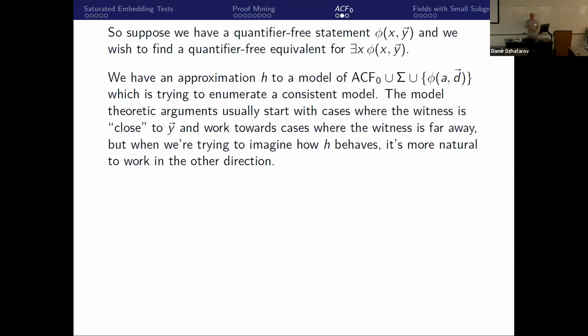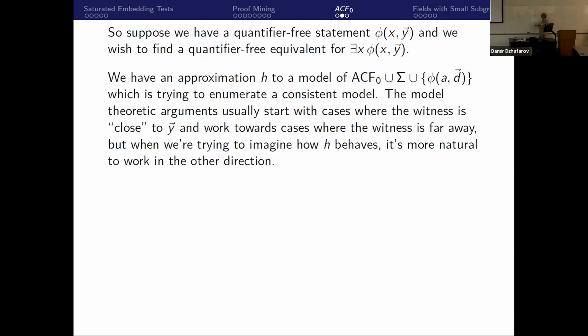And the claim is that we can read off an algorithm, so that there is actually an algorithm embedded in this argument. It goes something like this. How are we going to read off an algorithm? I'm looking at a quantifier-free statement phi of x, y. I want to take the existential, there exists an x, phi of x, y, and find a quantifier-free equivalence.